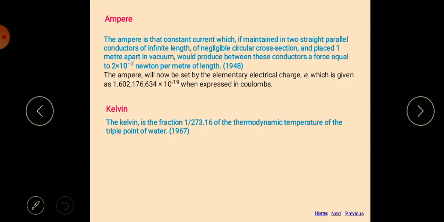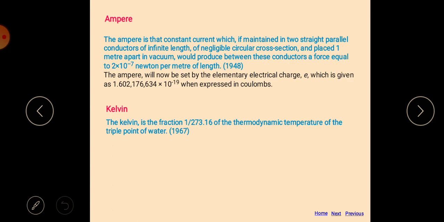That means solid state, liquid state, as well as gaseous state at 1 atmospheric pressure. Then that temperature divided by 273.16 gives 1 Kelvin. It is also known as absolute temperature.